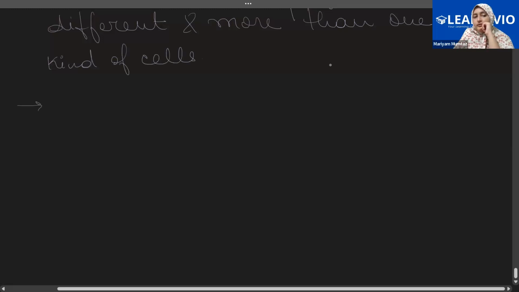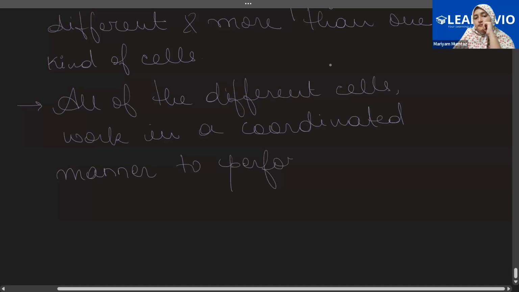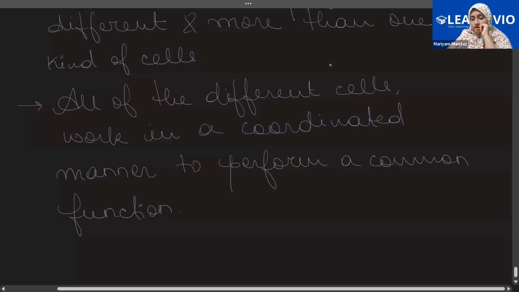Okay, now the second point is that all of the different cells work in a coordinated manner to perform a common function.